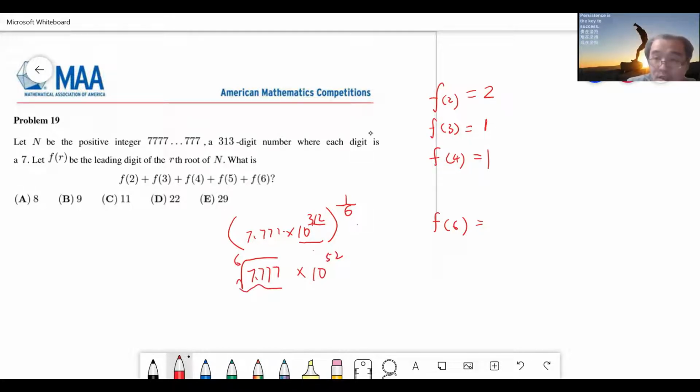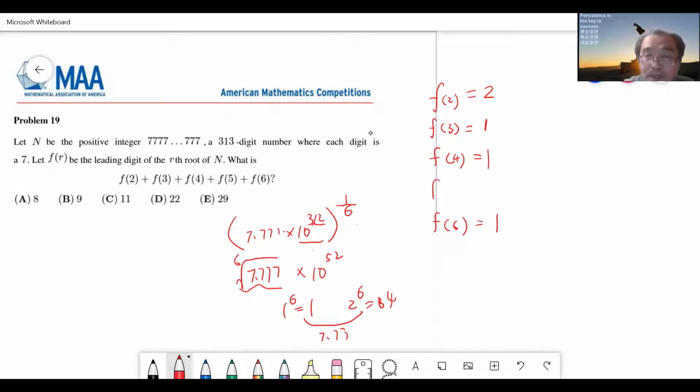So again, the leading digit, look at here, this also gives us 1, right? Remember 1 to the power 6 equal to 1, then 2 to the power 6 equal to 64. So this number 7.77 is between these two numbers. This gives us 1 point something times 10 to the power 52.